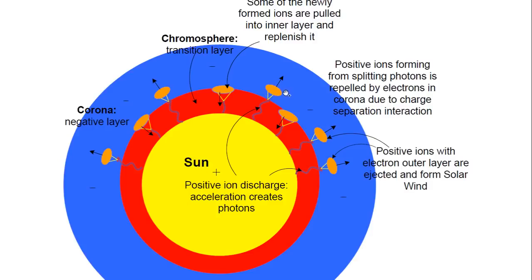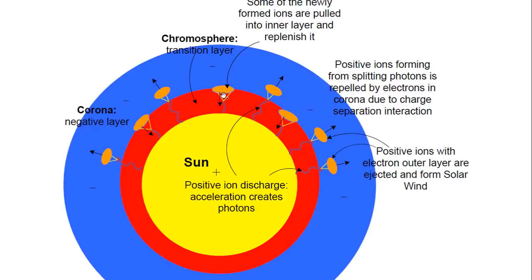It then will quickly separate, so we'll have a central positive zone where ions are forming, fusion may be taking place, heavier elements are forming, but we have a positive center surrounded by a negative layer.